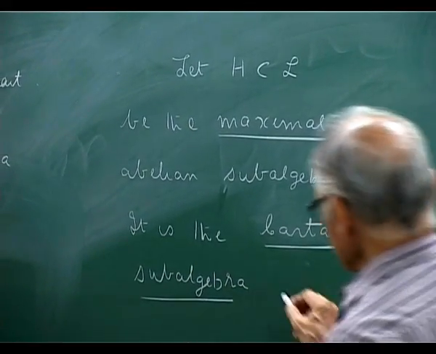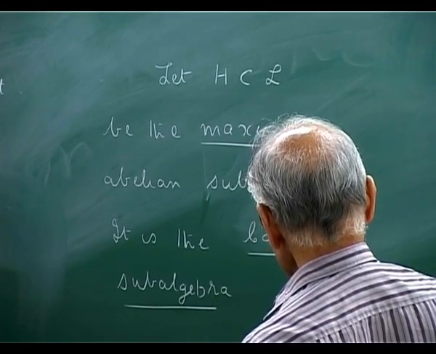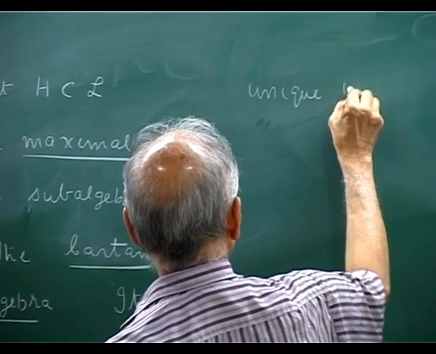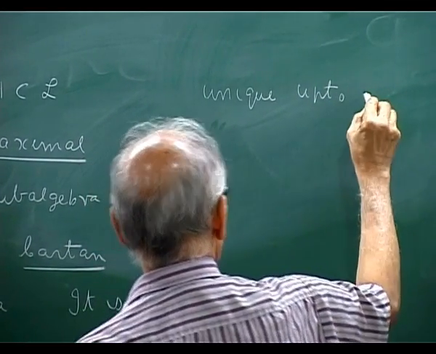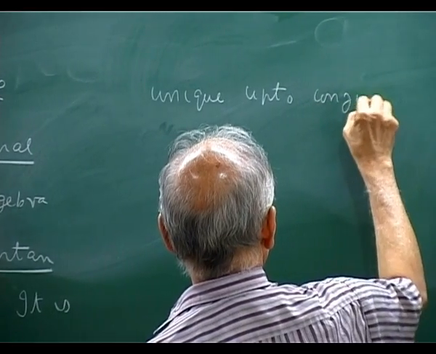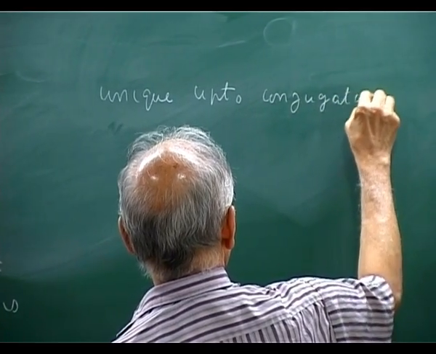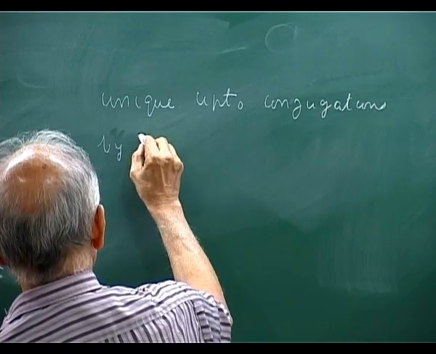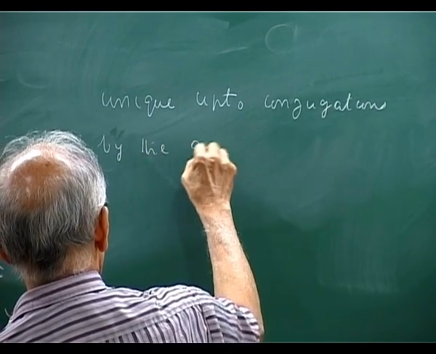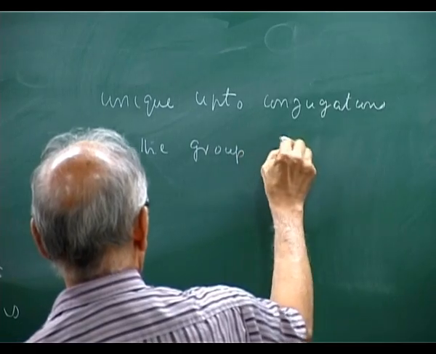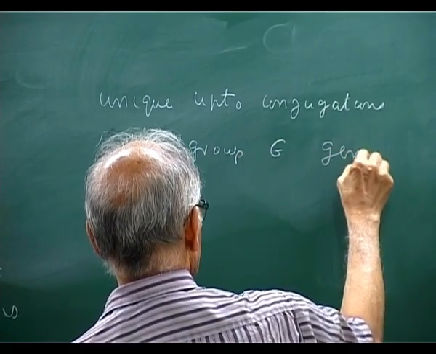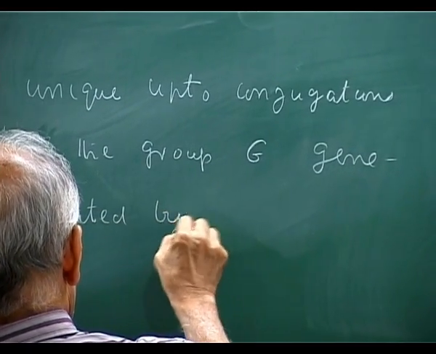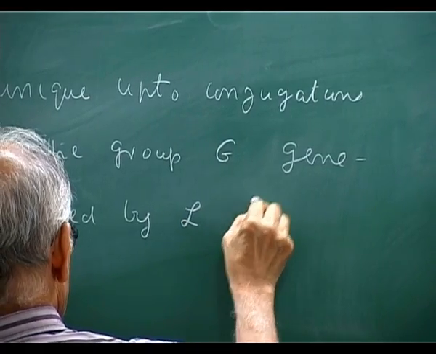It is a basic theorem that it is unique up to conjugations by the group, let me call it G, generated by L. By exponentiation, okay.